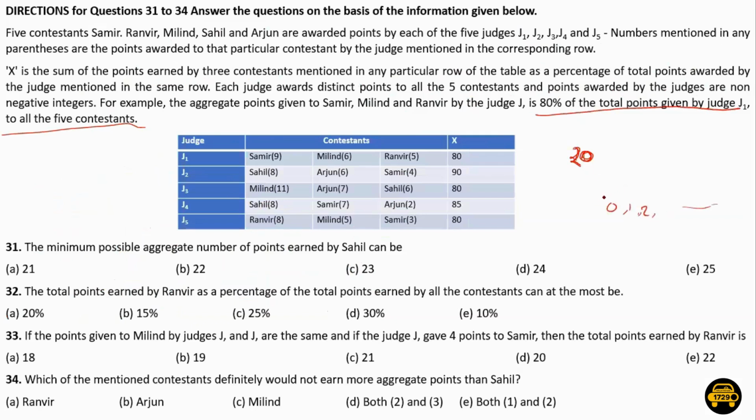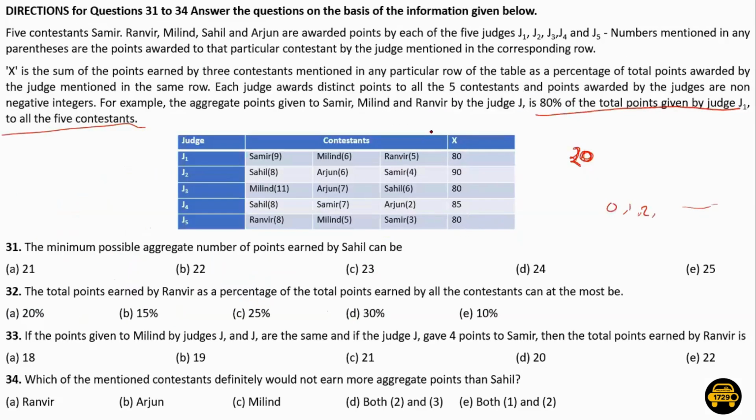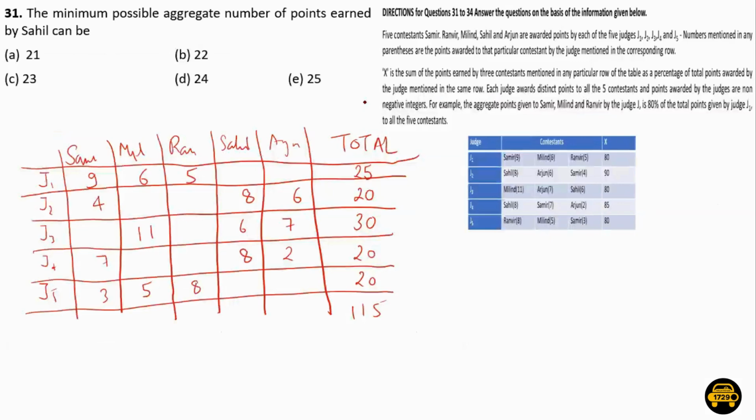So the remaining points have to be in the form of a non-negative integer. Let's see if we have any other point left. And one more thing is, each judge awards distinct points to all the 5 contestants. That means J1 cannot give the same points to 2 people, right?